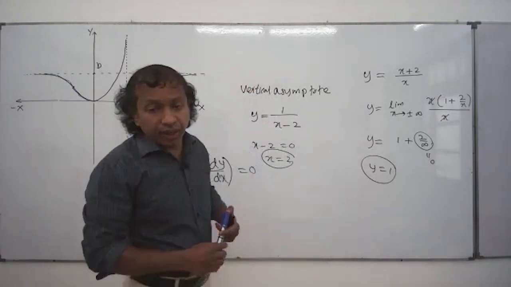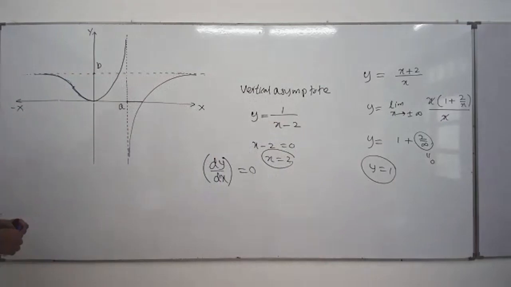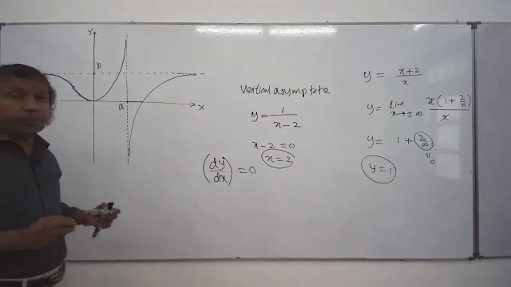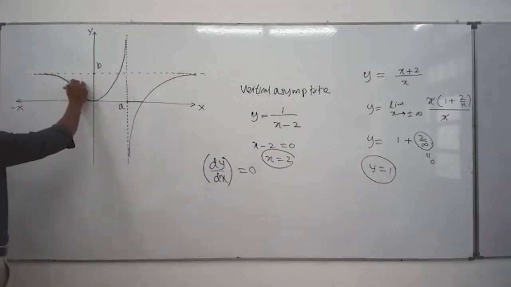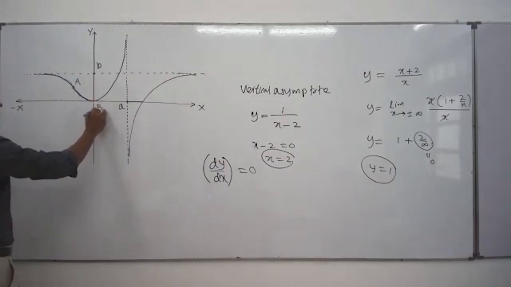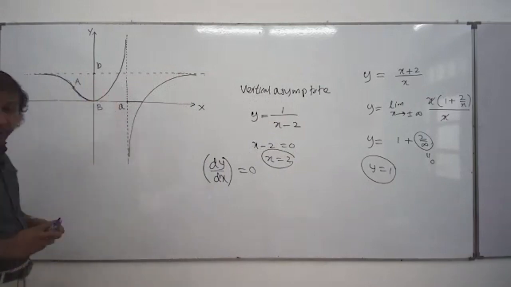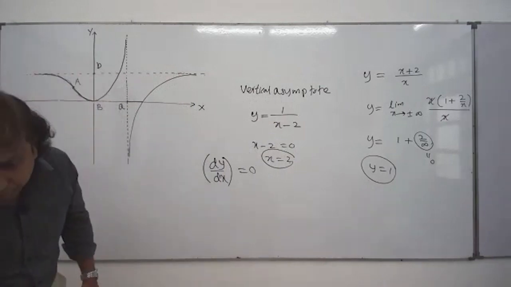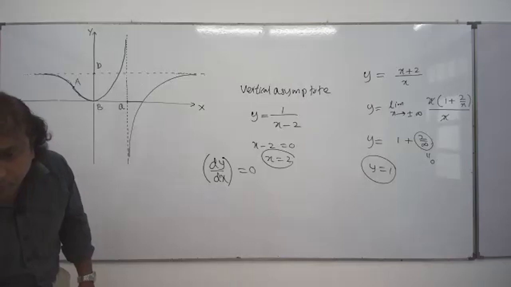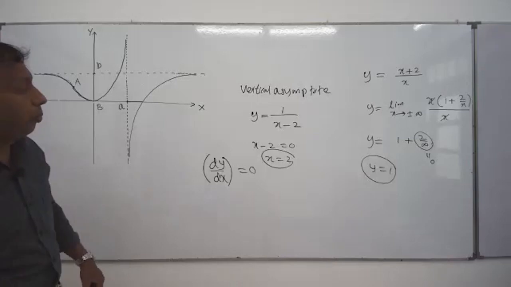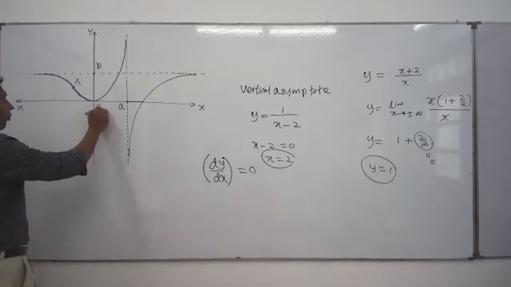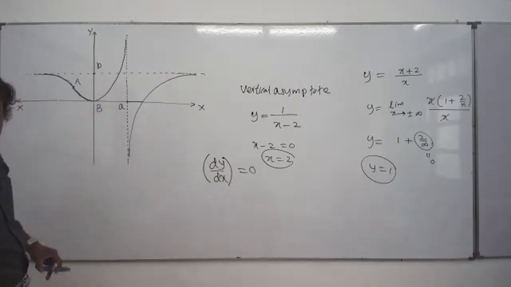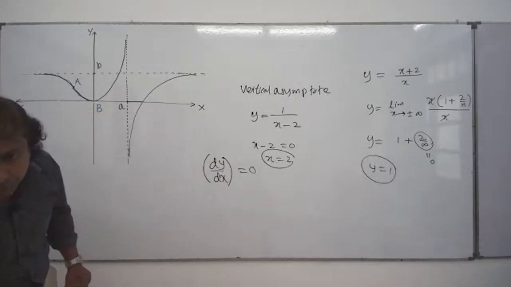Understand? Okay. Then we will discuss these properties, and thereafter we can go to question discussion. I'll take this point as A, this point as B. Now write down like this. Consider the following graph. Draw this graph.